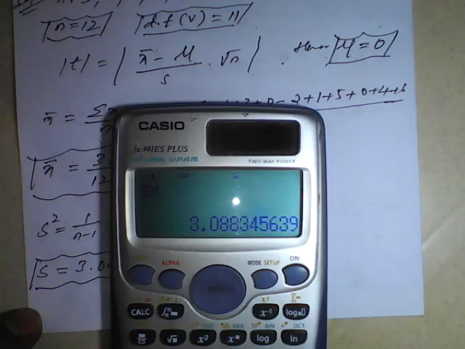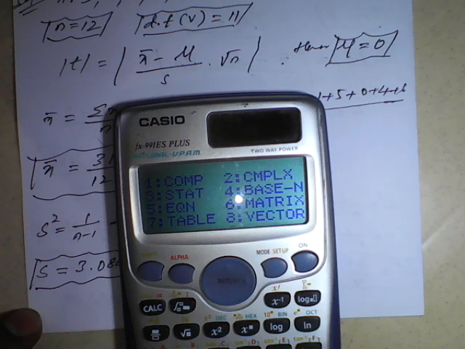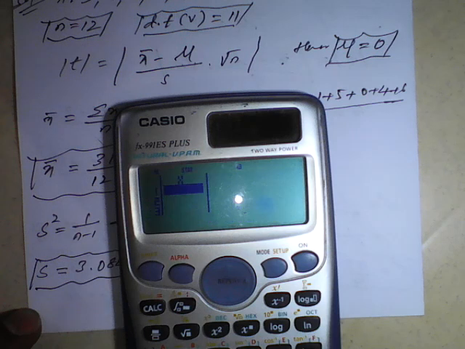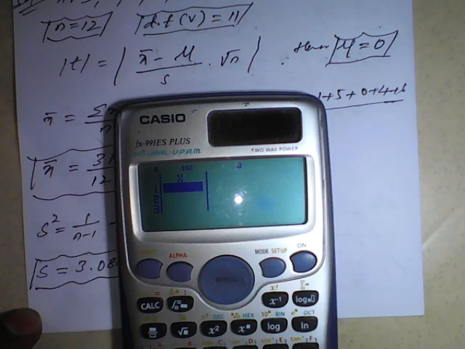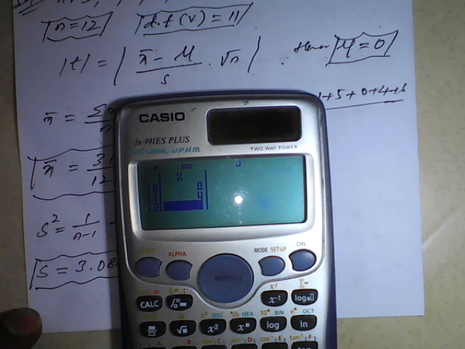I will repeat once again. Mode, make it stat, then press first one, variance 1. It will ask the value of x. You enter the values of x as 5, 2, 8, minus 1, 3, 0. Don't leave the 0 out, it includes 0. Next is minus 2, then 1, 5, 0, 4, 6.